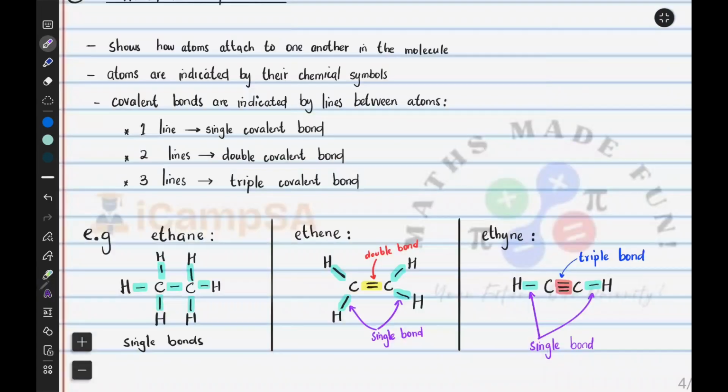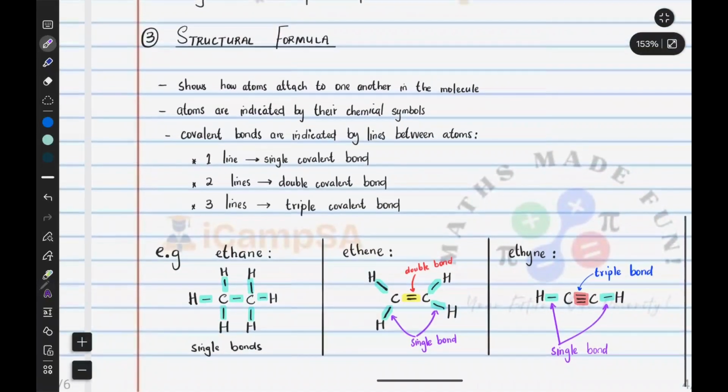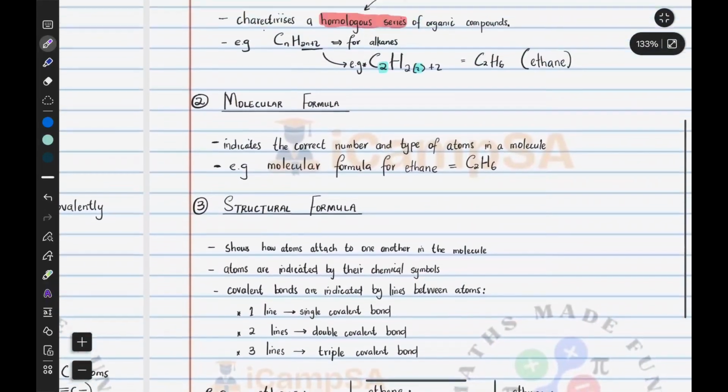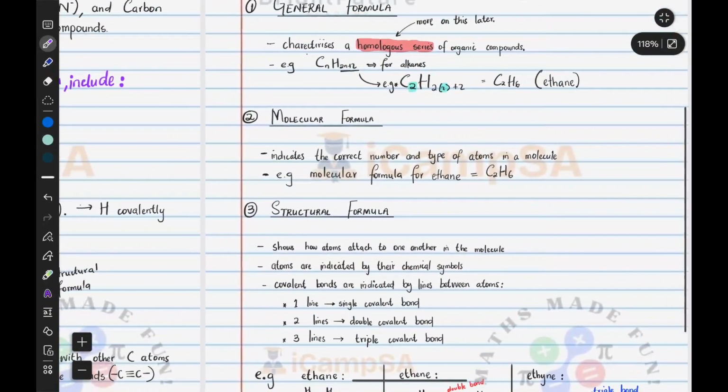So for me, it makes more sense to now talk about the condensed structural formula after you've seen what a structural formula looks like. The condensed structural formula, as I've already mentioned, is basically just a summary of a structural formula. In fact, you could say it's a combination of a molecular formula and a structural formula.